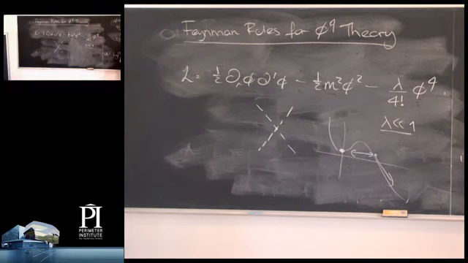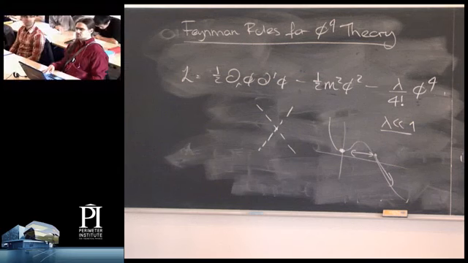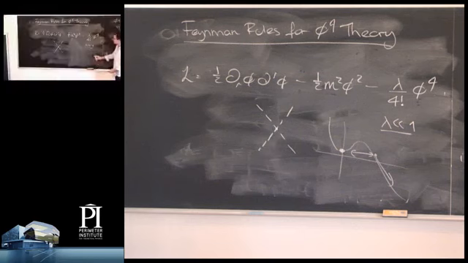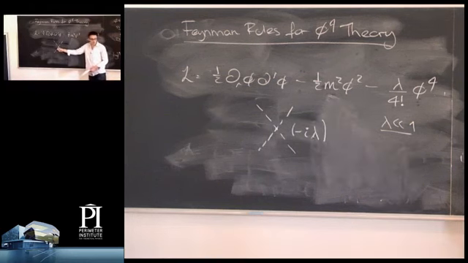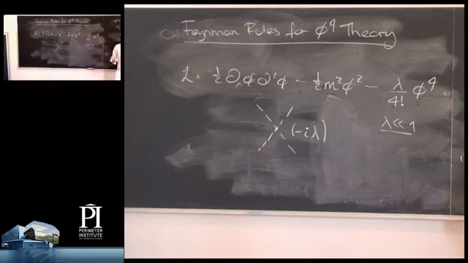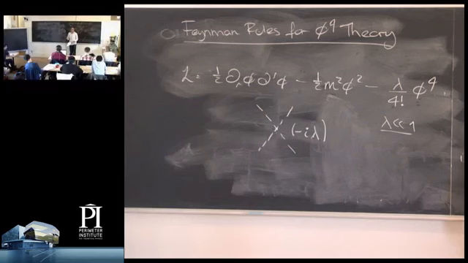Just to go back a little bit, why does a phi to the 4th correspond to a 4-valent interaction? So let me tell you what the Feynman rule is for this, and then explain why that's the Feynman rule, and at the same time we'll see why this is needed. Are there any other questions?